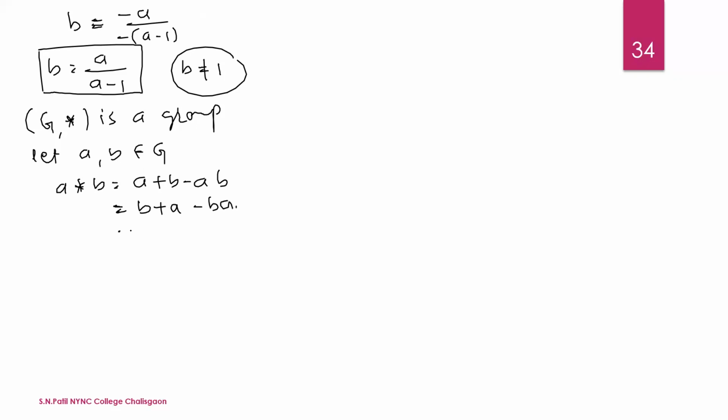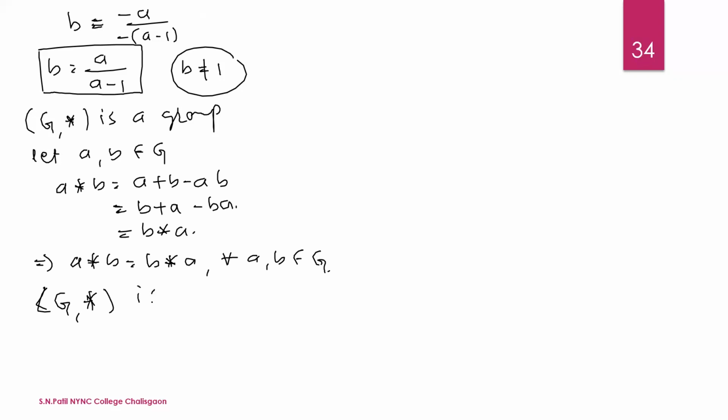And this is the result of b star a. So we get a star b is the same as b star a for all a, b belonging to G. The group (G, star) is an abelian group. Okay. Thank you.